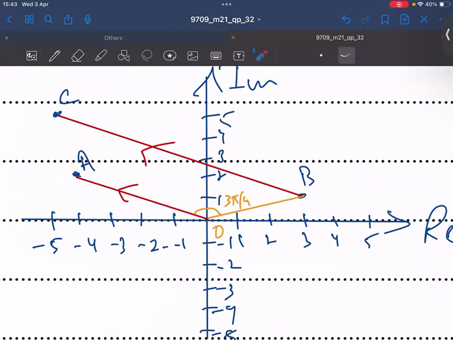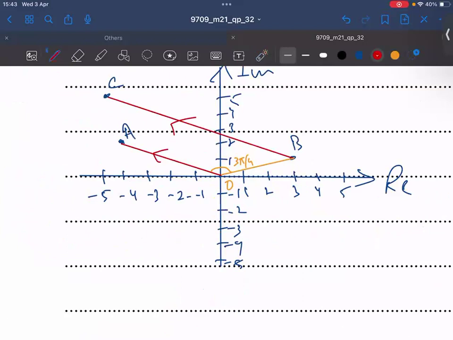You will be calculating the argument of A, which will be measured from the positive real axis up to the line joining OA. So this is going to be the argument of A. And this is going to be your argument of B. You're going to subtract, and you get this angle AOB.